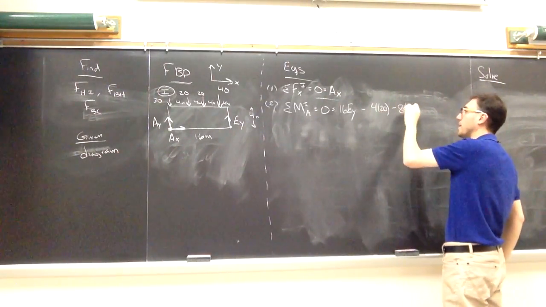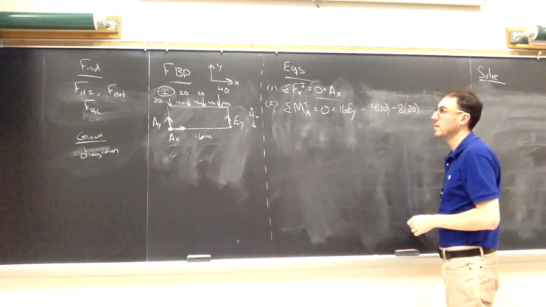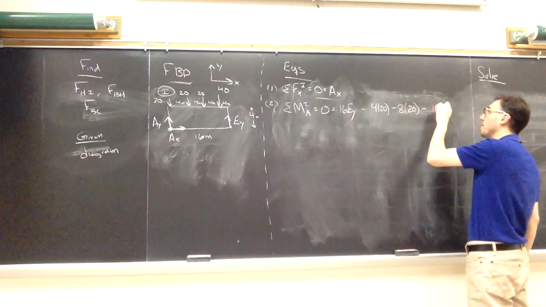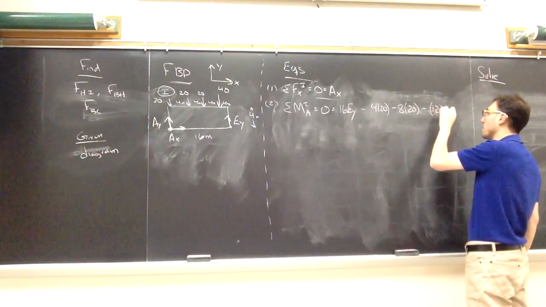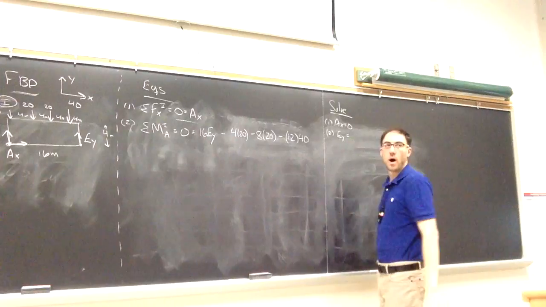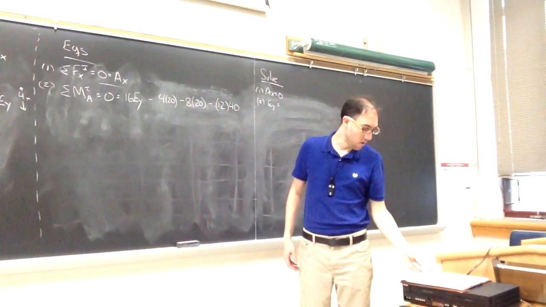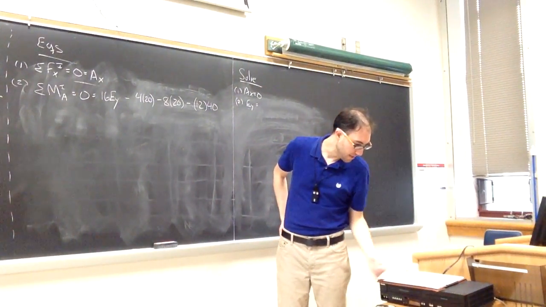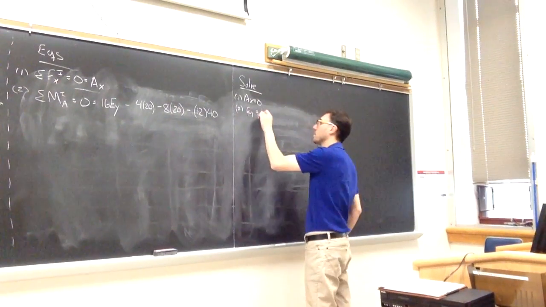Minus 8 times 20. Minus 12 times 40. The only unknown, by design, is EY. So the reaction at that roller, I am going to find to be 45 kilonewtons.